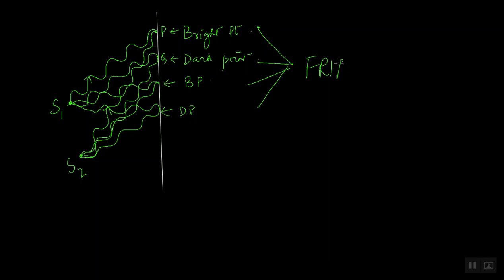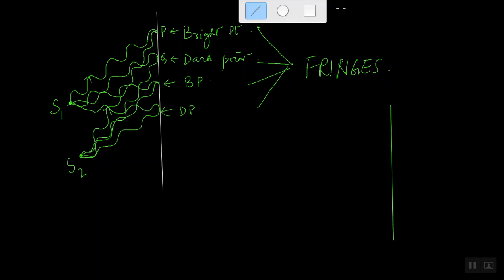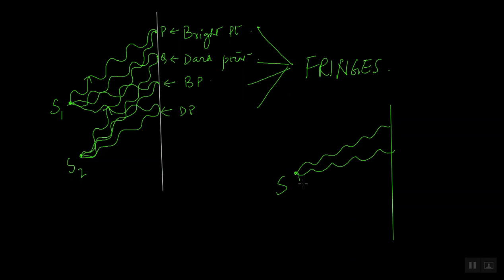They are called fringes. Okay. So basically from these two sources of light the intensity of light is getting redistributed. If you have just one source of light, let's say I have the screen like this and I have just one source S, then I have the light going in this direction.